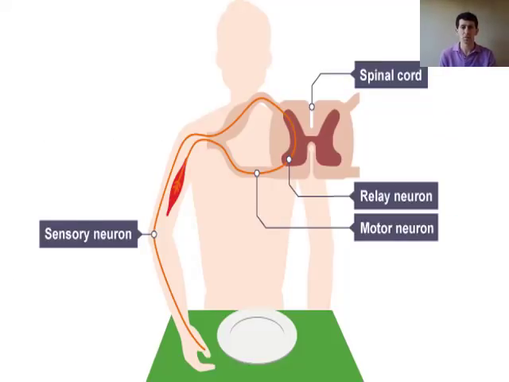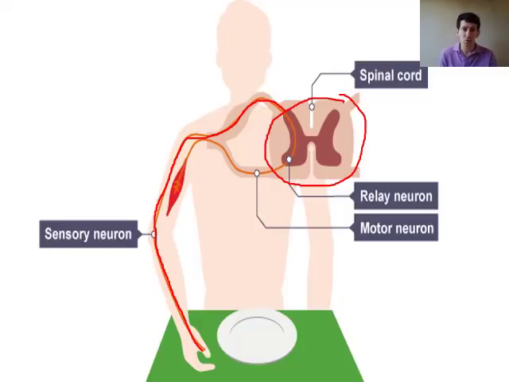Okay? So I'm going to show you a few diagrams now just to make this a little bit easier for you. So we've got our central nervous system here. So we want to pick up the plate. The message passes up here, up our sensory neuron, into our central nervous system here. Okay, and we've got our central nervous system right here in the middle, our spinal cord.